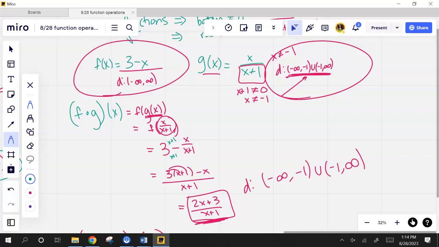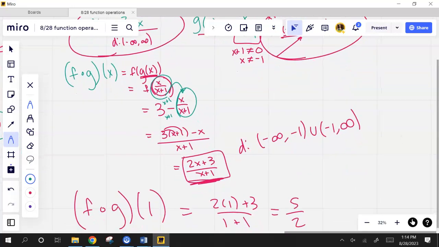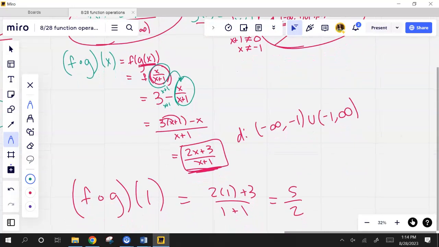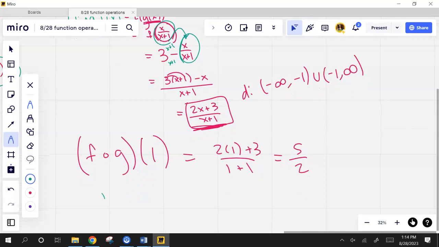So, but the x got replaced with x over x plus 1. Does that make sense? So if I didn't plug in at the end, what I could do was do f of g of 1.